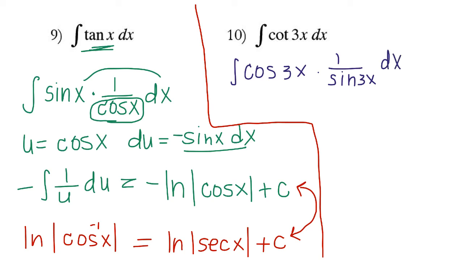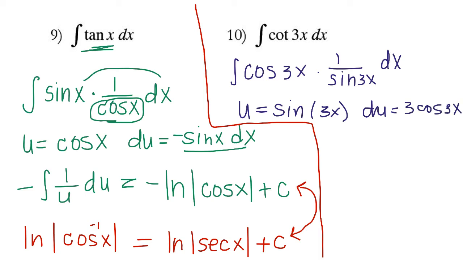And again, we'll need to do a u sub here. So I would let u be sine 3x. And so du is going to be 3 cosine 3x.